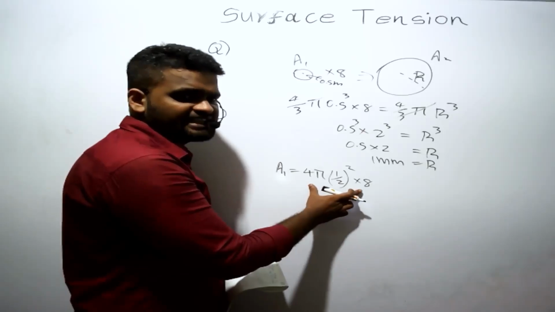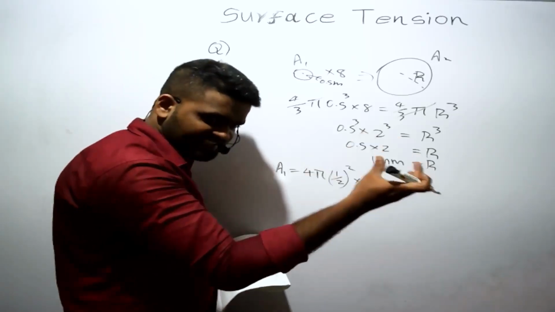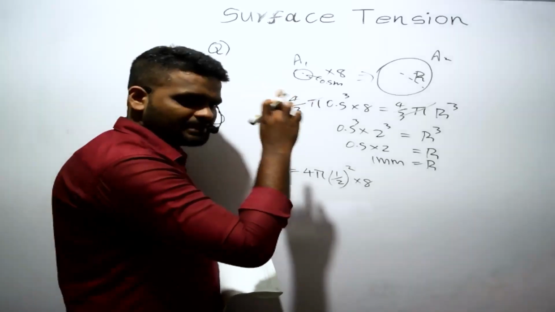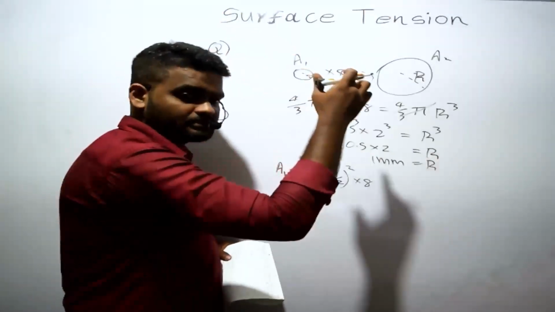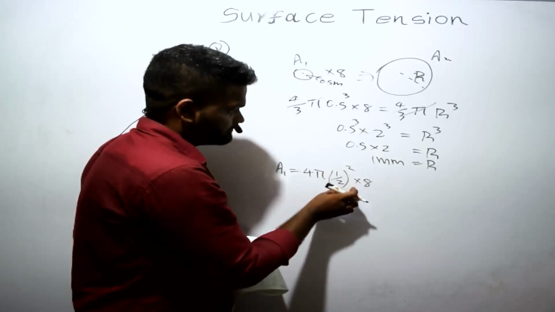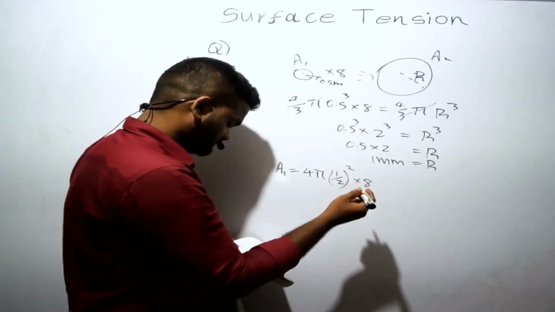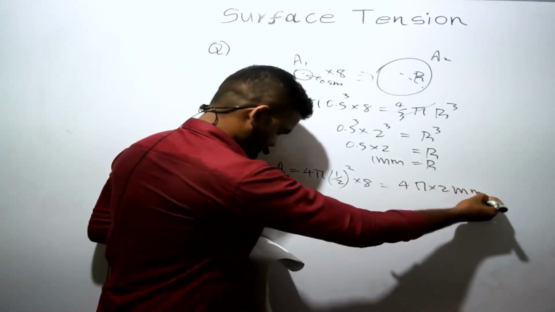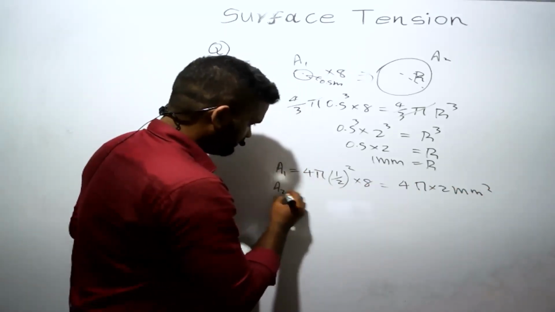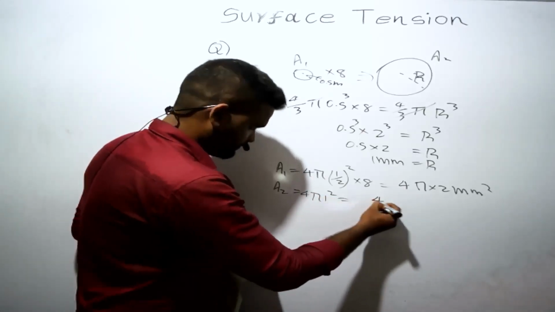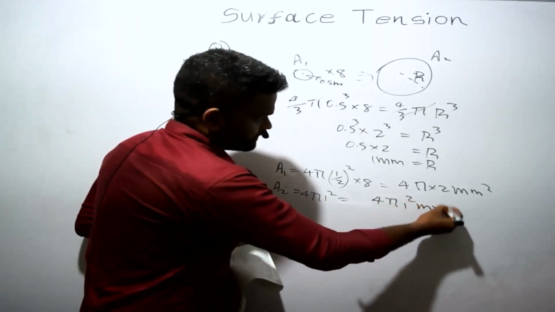Don't convert into meters here; once you find delta A, then you can convert into meters. Otherwise everywhere there's 10 to the power minus 3. So 4 pi half squared times 8 gives 4 pi times 2 square millimeters. A2 is 4 pi 1 square millimeters, that is 4 pi square millimeters.